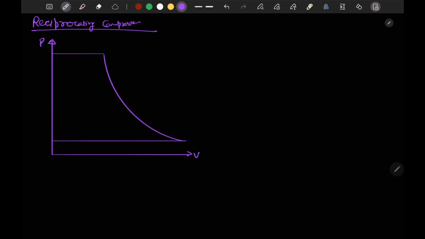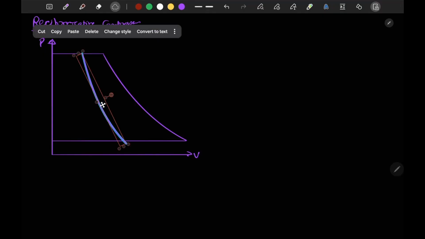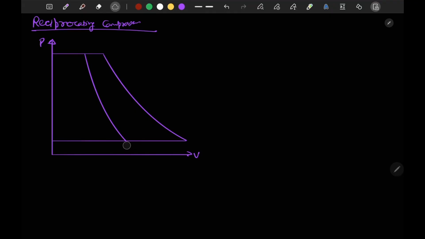Okay, so this is our PV cycle for a reciprocating compressor.